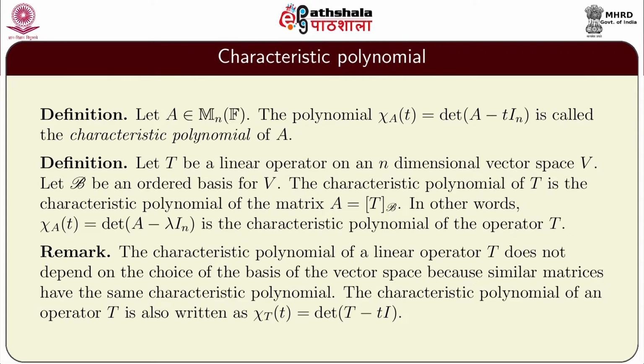Therefore the characteristic polynomial of a linear operator T is independent of the choice of basis for the vector space V, and it is usually written as chi T of T, which is the determinant of T minus T I. Here I is the identity operator on V.